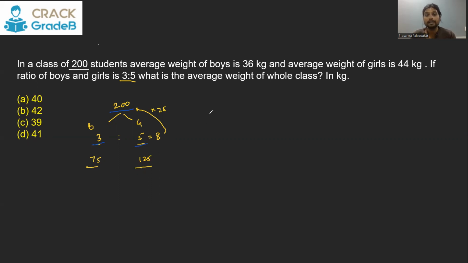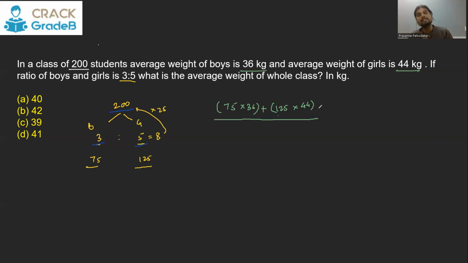Now, there are 75 boys whose average is 36, so their total will be 75 into 36. And there are 125 girls whose average is 44, so the total will be 125 into 44. So this is the total weight of boys, this is the total weight of girls, and when you add this, it is the total weight of the class.